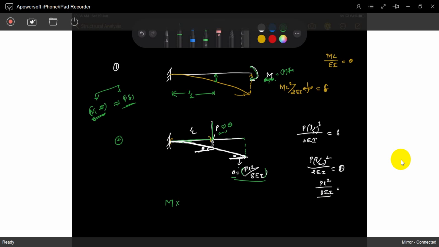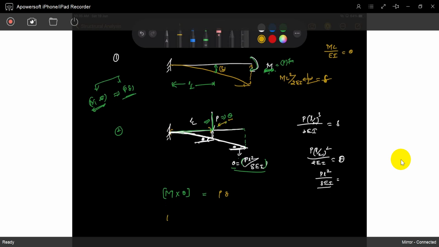So M multiplied by this theta is equal to the work done by the Q force, through the displacement produced by the P force. That is P multiplied with this delta.